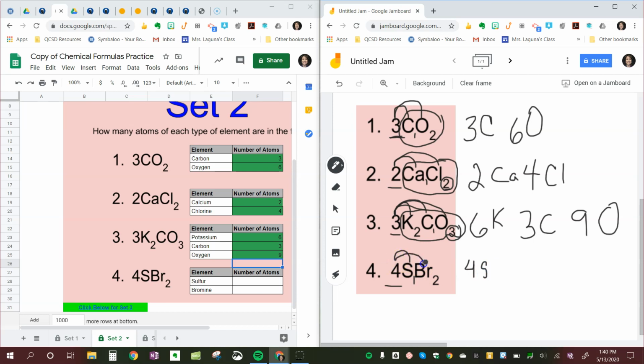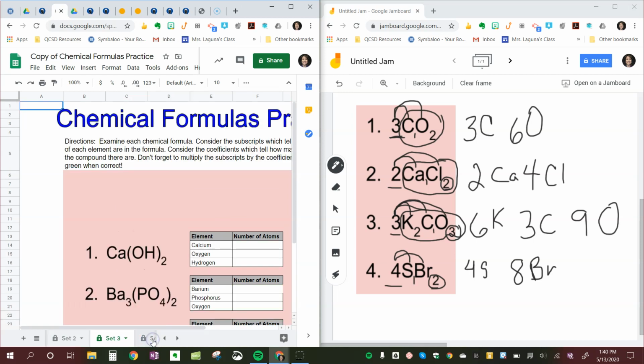Then it's going to multiply the bromine, and there's 2 bromine. So 4 times 2 is 8 bromine. And let's plug in our answer. 4 and 8. Now each set gets a little harder, a little more complicated. So make sure you understand these before we go on to the next set.